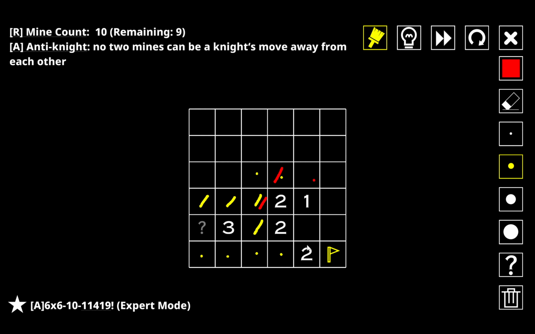Okay. Then we know that one will also be a mine here. Well, unfortunately, looks like that's more or less all the information we can gather. We do know one of those two will be a mine, so this one cannot be a mine. There we go. I think we can get the same thing from both of these as well. No, actually, no, we don't get that information, which is useful, right?